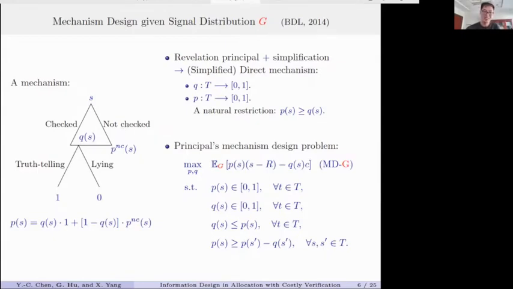If the agent is checked, then the conditional assignment probability is 0. So if the agent lies, he can only get the part conditional on not being checked, the probability of getting the good conditional on lying to be S prime, which is just P minus Q. Okay, any question about this mechanism design problem?